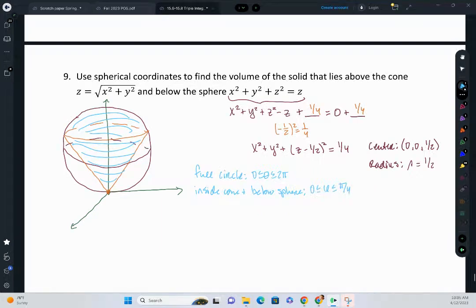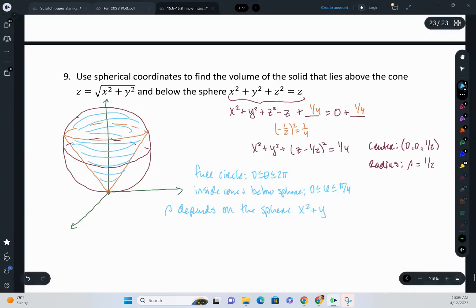Rho's doing some funny stuff here. So rho depends on the sphere. It's not cutting through in the same place that we're used to it cutting through. So what we have here is the sphere equation, and let's leave it in the form x squared plus y squared plus z squared is equal to z. If I convert that to spherical coordinates, it is rho squared equals rho cosine of phi.